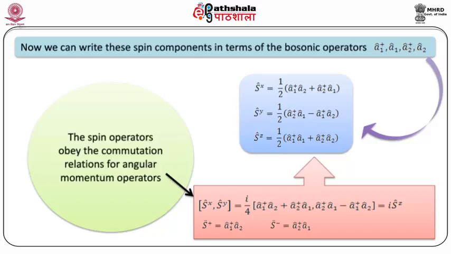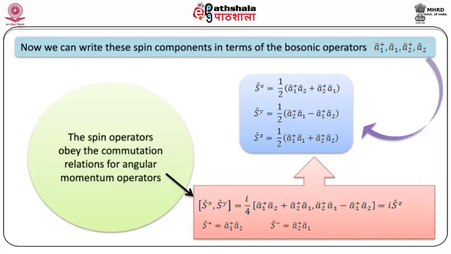This is the aim; I want to rewrite these spins in terms of these bosonic operators. This is one of the essences of the Holstein-Primakoff transformation, and it is very important. The x component of the spin is written like this: Sx is equal to half A1 dagger A2 plus A2 dagger A1.